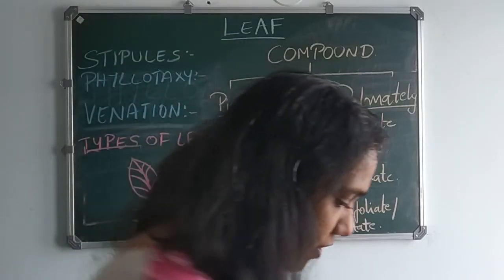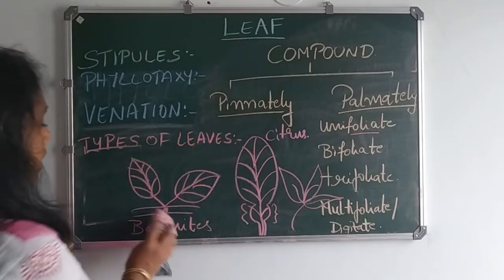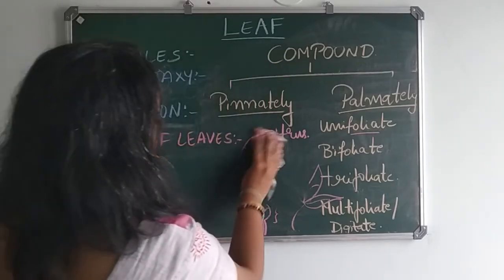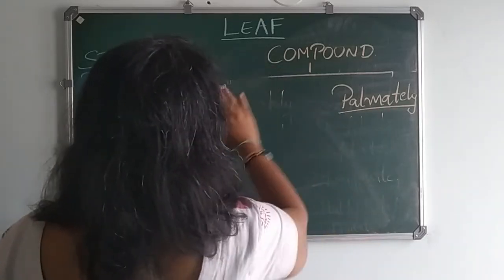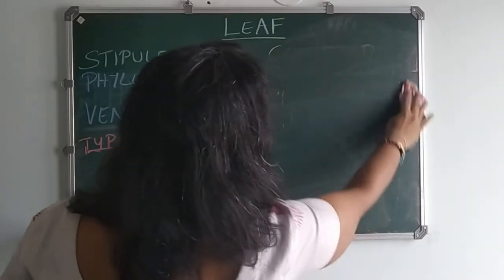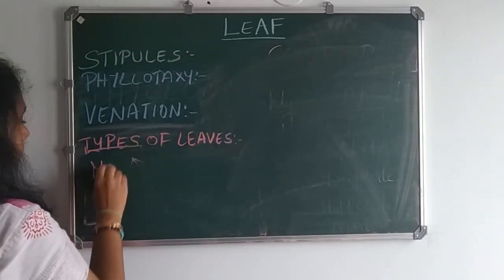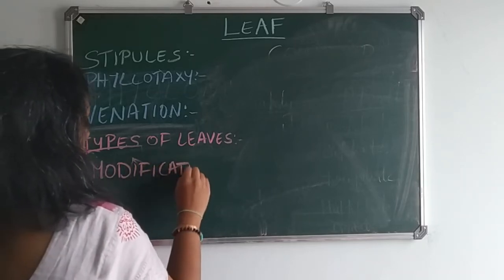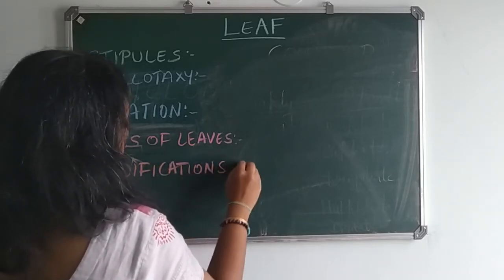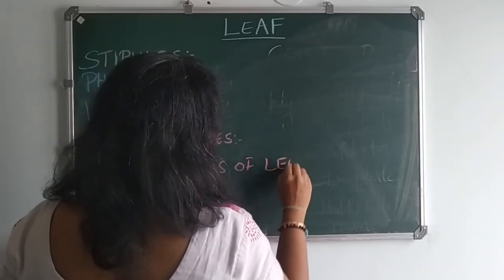Now we are going to go further into the modifications of the leaves. In my next class, we are going to learn about the modifications of the leaf for various functions.